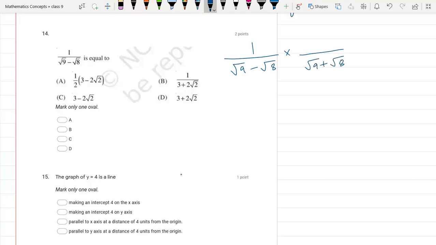So we have root 9 plus root 8 in the numerator, upon 9 minus 8, since root 9 square is 9 and root 8 square is 8. Root 9 is actually 3 and root 8 is 2 root 2. So the answer is 3 plus 2 root 2. Option D is the correct answer.